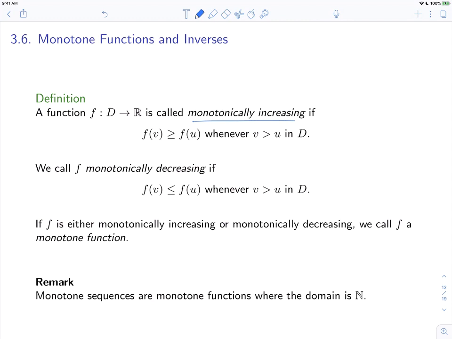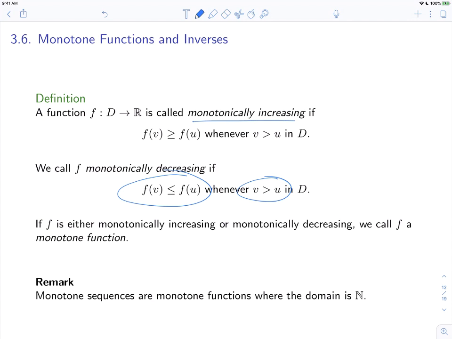We call f monotonically decreasing if f(v) is less than or equal to f(u) whenever v is greater than u. So we're assuming that v is bigger than u, and then the outputs have the opposite relationship. So f(v) is less than or equal to f(u). If f is either monotonically increasing or monotonically decreasing, we call f a monotone function.